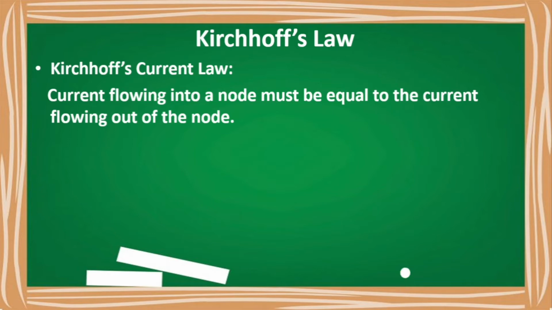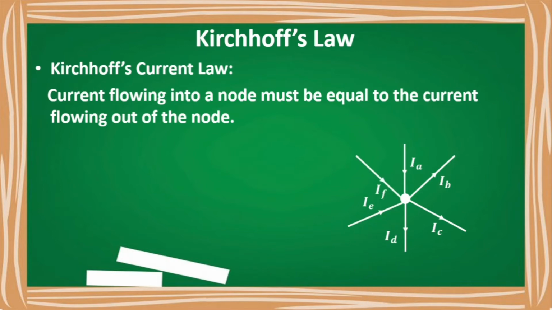Let us take an example. This is a node. This is current IA flowing towards this node, that means this is an entering current. Now let us take another current IB, which is flowing away from the node. Here we take IC, similarly ID, IE and IF.